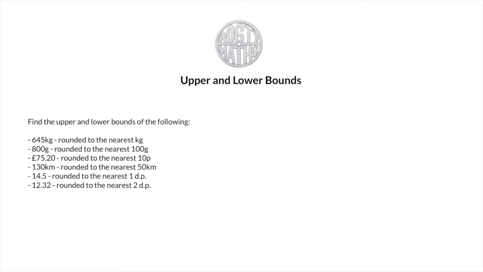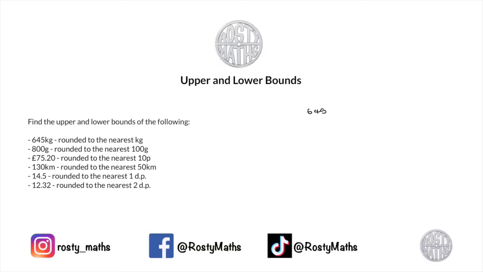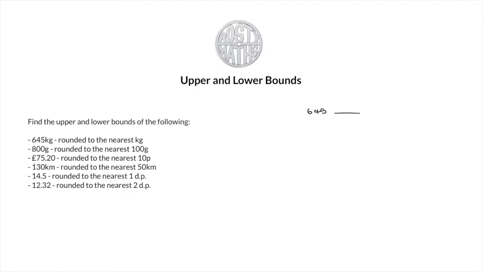So I have got 645 and it's been rounded to the nearest 1 kilogram. 645 kilograms rounded to the nearest 1 kilogram. Because it's been rounded to the nearest 1 kilogram, I'm going to put my upper bound here and then I'm going to put my lower bound there.